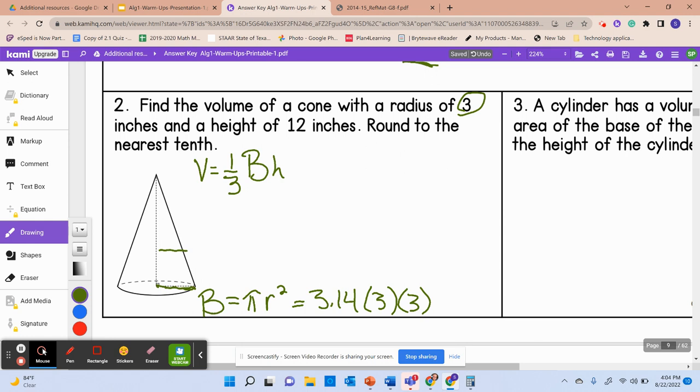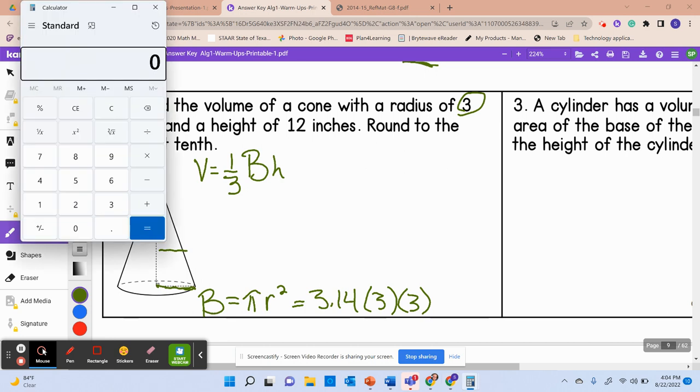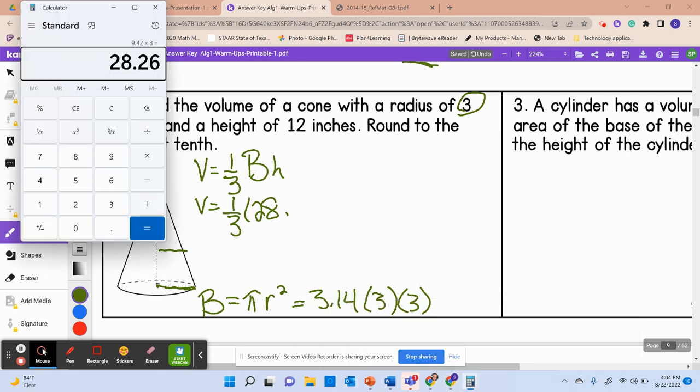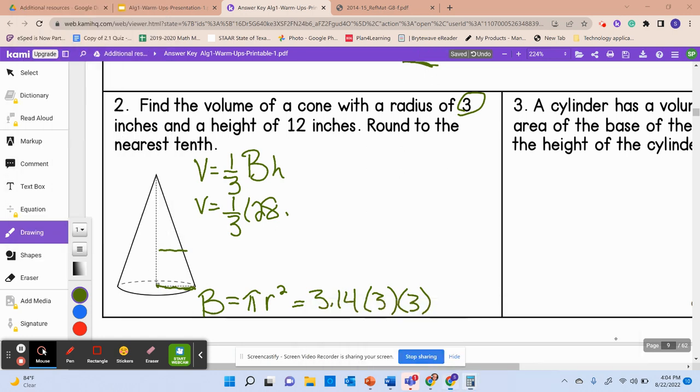So I know that if I'm filling this in, I want to go ahead and use my calculator and simplify. 3.14 times 3 times 3. That is about 28.6. So now I have the volume is equal to 1/3 times 28 point, let's double check, 28.26 times 12 inches.